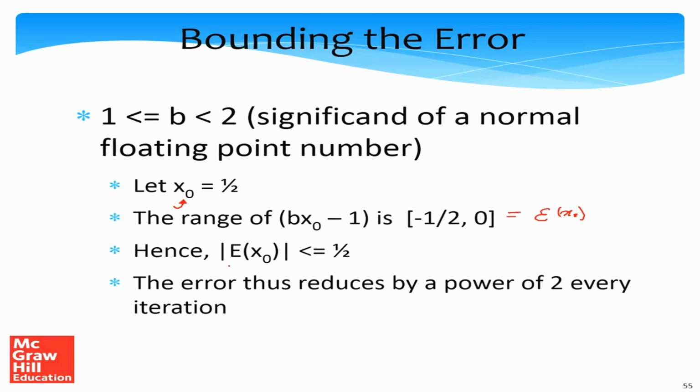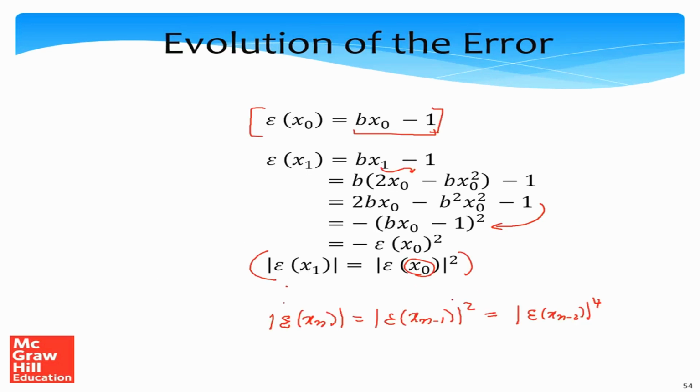Since the error at any point is less than or equal to half, and we square the error in every iteration, ultimately the error will approach 0. If we come back to this equation, initially the error is half, then at this point the error will be 1/4, and this will become 1/8, and it will keep going down and down till it ultimately reaches 0.